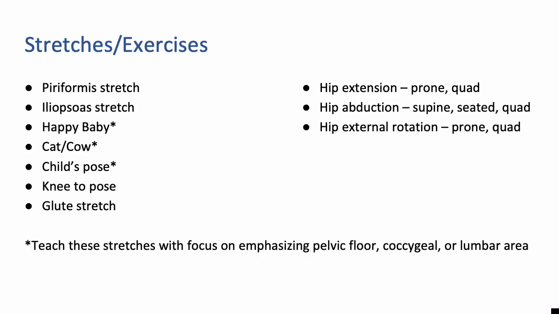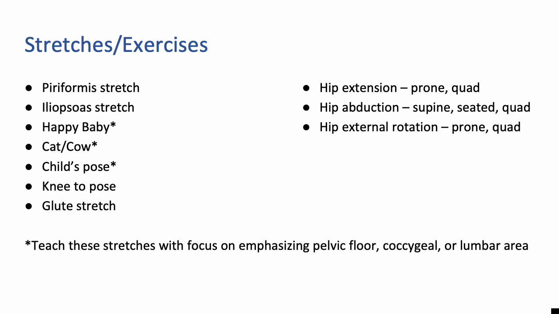So during the lab, we did the happy baby, cat cow, and child's pose, and I wanted those to be taught with an emphasis on pelvic floor and coccygeal relaxation or stretching, and then lumbar mobility.